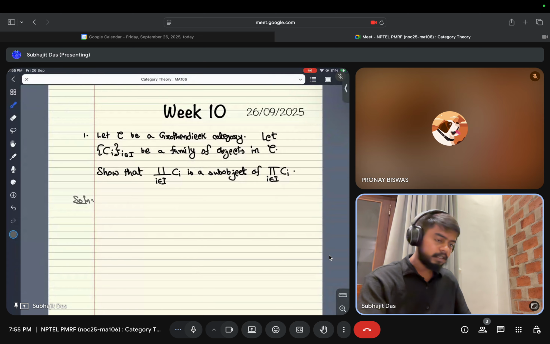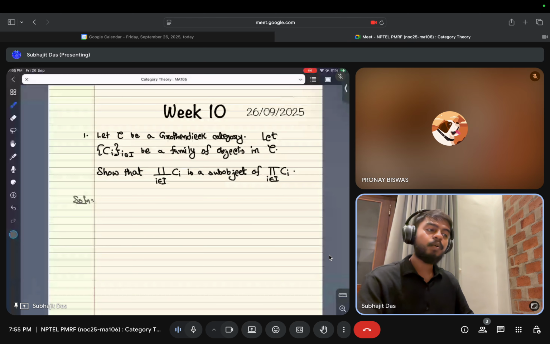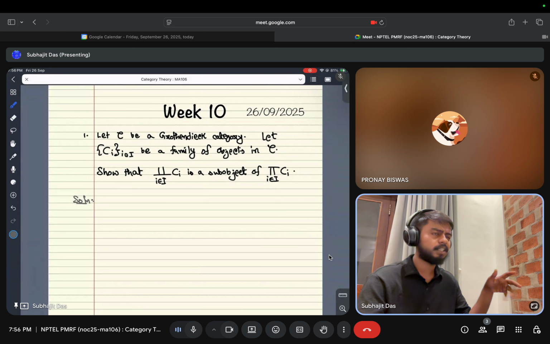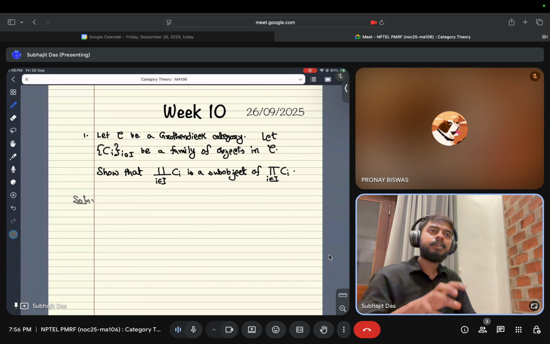Before going to abstract stuff, think about modules. Just recall how exactly direct sum and product were related. What was product in the category of abelian groups, let's say? It is just the Cartesian product together with the component-wise addition. And what is the direct sum?